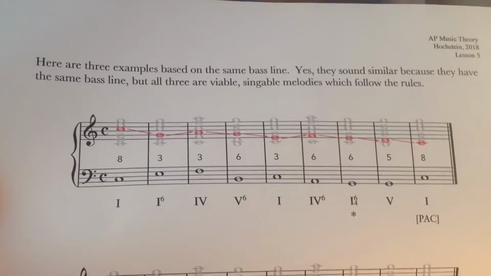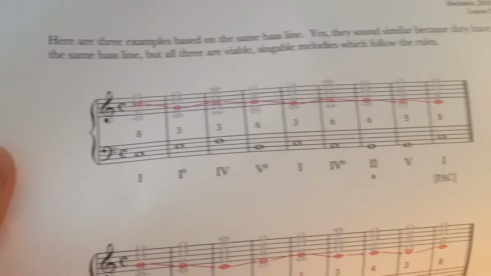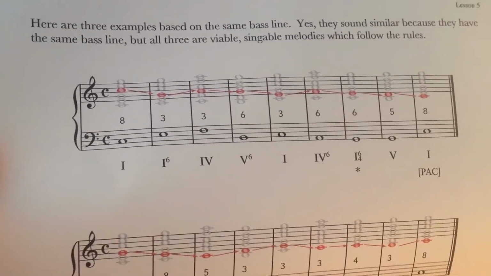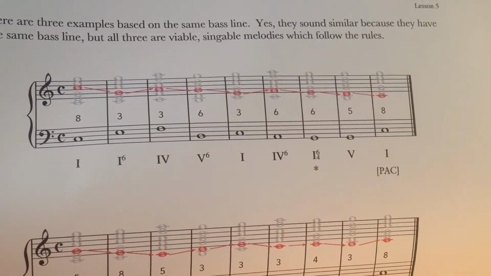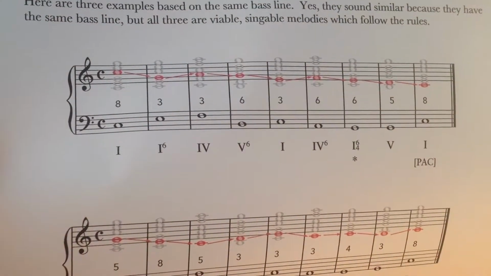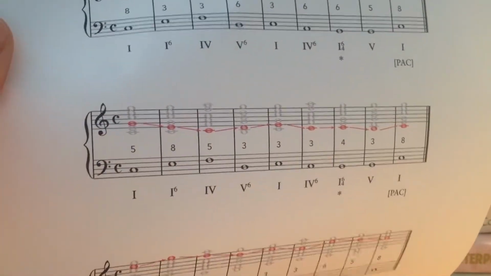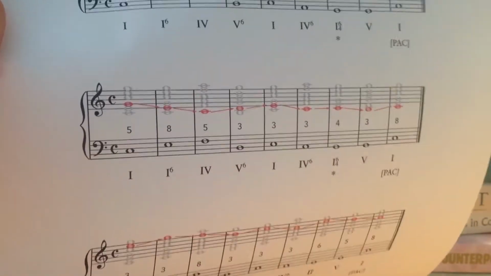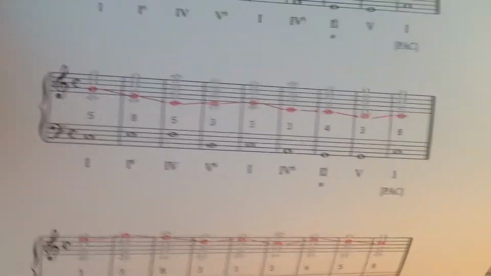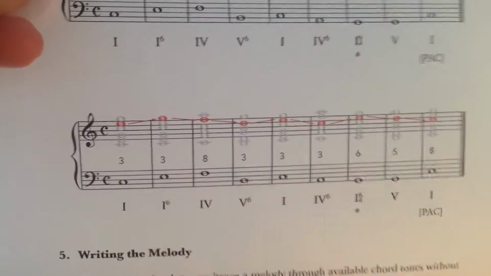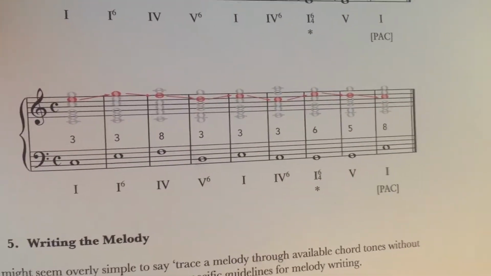So here we have 3 examples, and yes, they're going to sound very similar because they're based on the same chord progression, but these are all viable answers. You'll notice that these melodies do not skip about a lot, but they also don't just stay on one note. So there's a bit of a contour here.